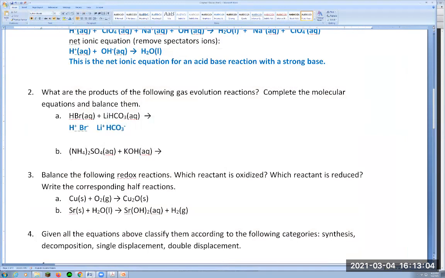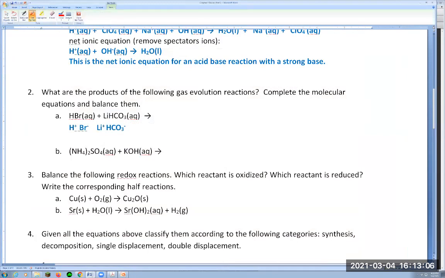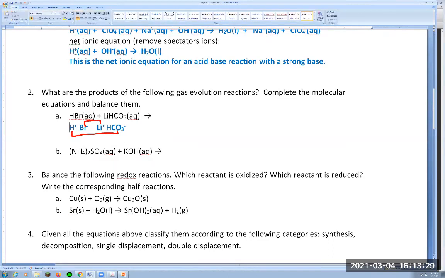So we have this mixture of ions, and now we will make them exchange partners, because remember, they are free floating, so they can mingle with a different ion. The H+ will mingle with the negative ion there, and the Br- will mingle with the Li+. You always put the positive ion with the other negative ion.